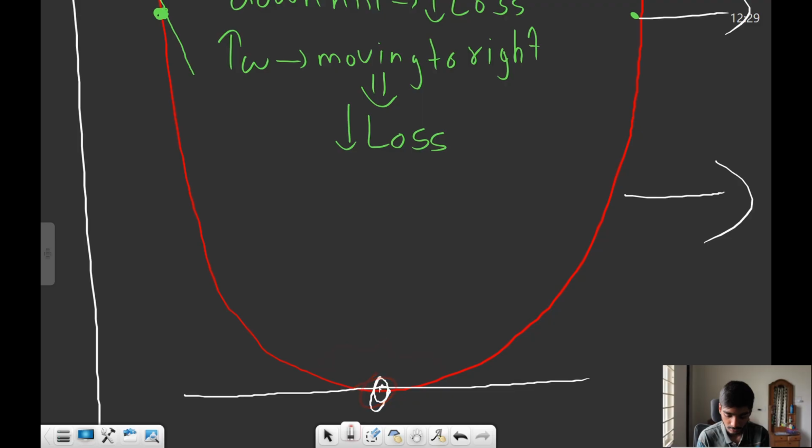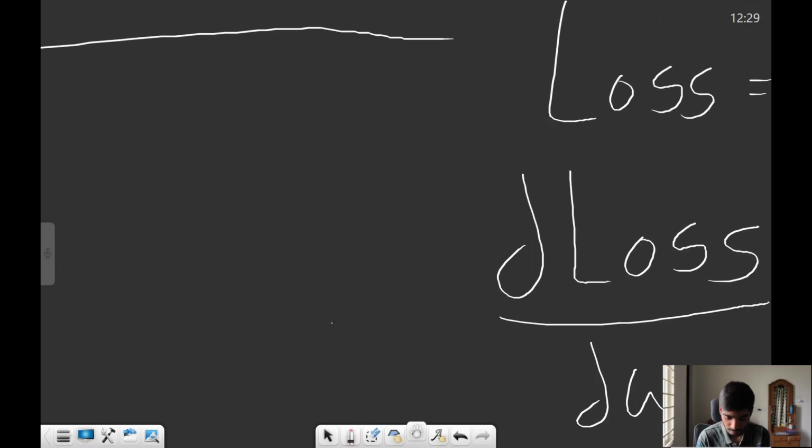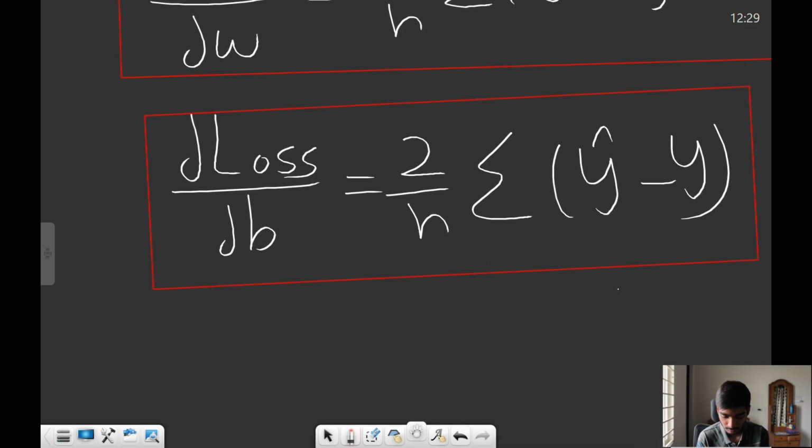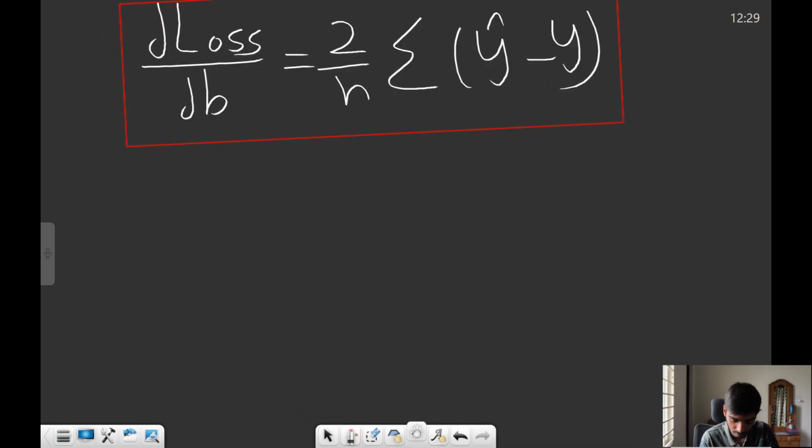So what we do is multiply the gradient with some number called alpha, which is called the learning rate. Let me write the equation. The new value of w is the old value minus the learning rate into the derivative of the loss function with respect to w.